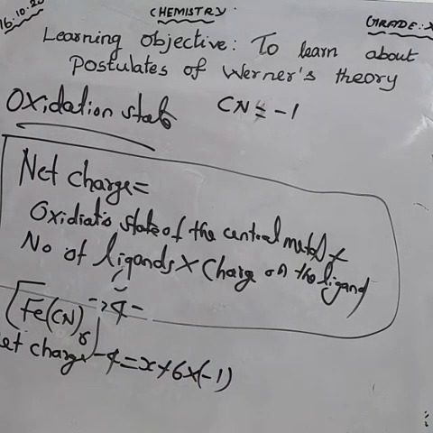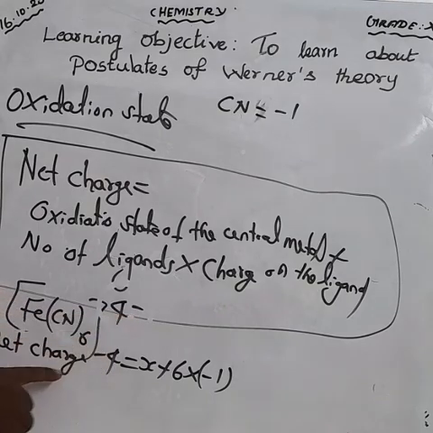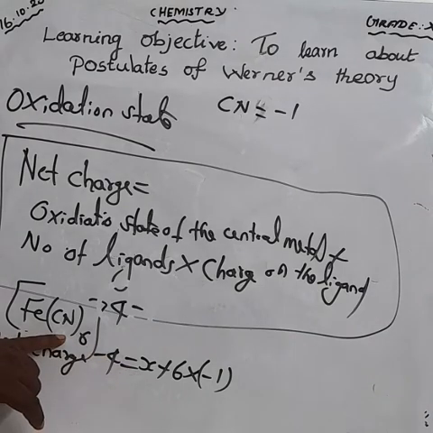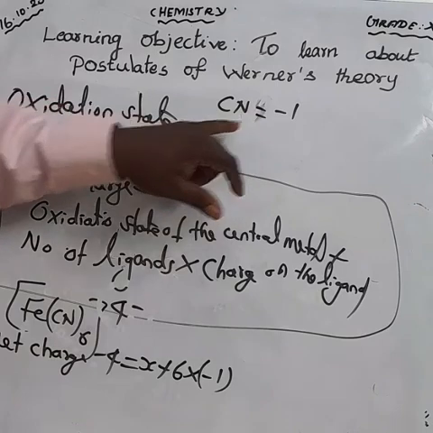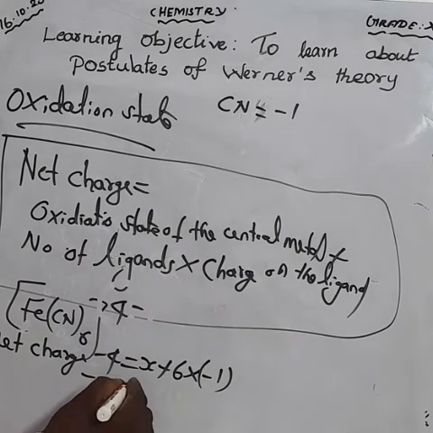First you write the total charge, minus 4. You don't know Fe, so you take it as X. How many CN are there? 6 CN, and one CN value is minus 1, so 6 into minus 1. So what is the answer?